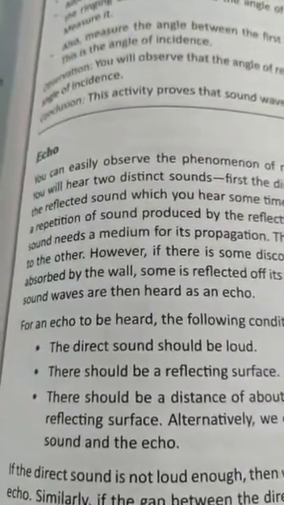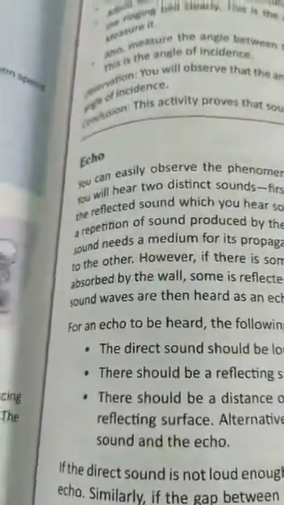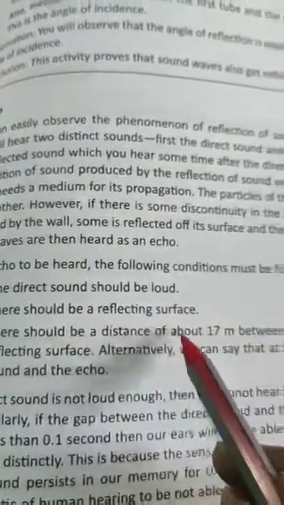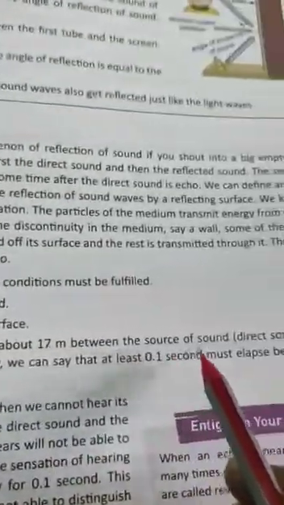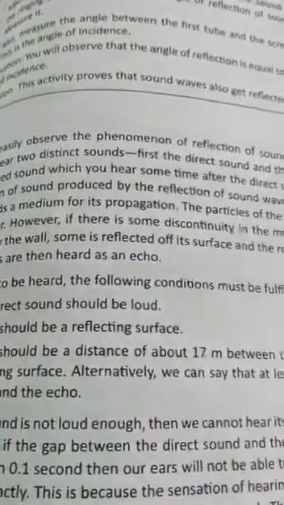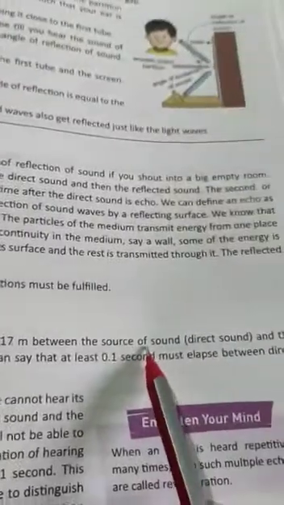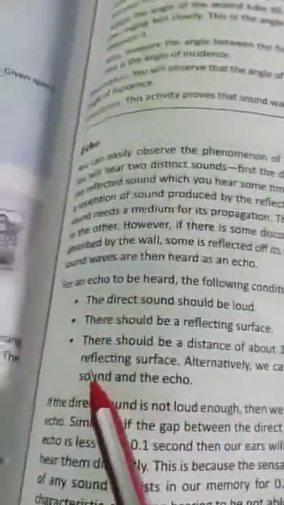Some important points are given here, you read them. There should be a distance of about 17 meters between the source of sound and the reflecting surface. Alternatively, at least 0.1 second must elapse between the direct sound and the echo.